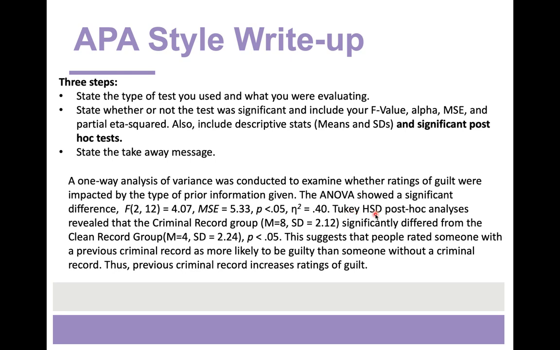Tukey's honestly significant difference post hoc analyses revealed that the criminal record group, who had a mean of 8 and a standard deviation of 2.12, significantly differed from the clean record group, who had a mean of 4 and a standard deviation of 2.24. P was less than 0.05. This suggests that people rate someone with a previous criminal record as more likely to be guilty than someone without a criminal record. Thus, previous criminal record increases a jury's ratings of guilt.